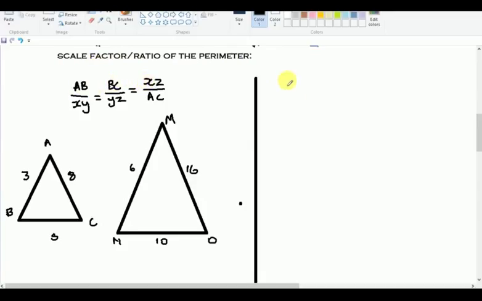So let's just take AB over XY is equal to BC over YZ. So we'll say AB over XY is equal to BC over YZ. This is our scale factor.